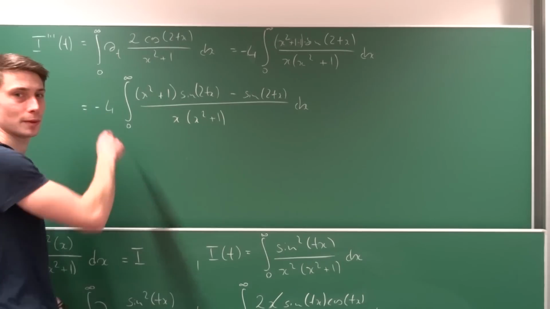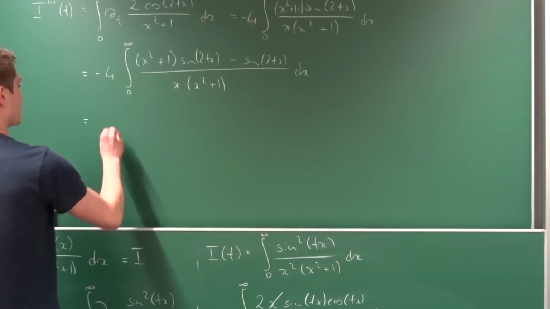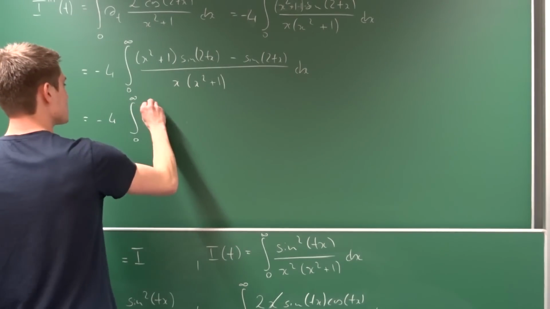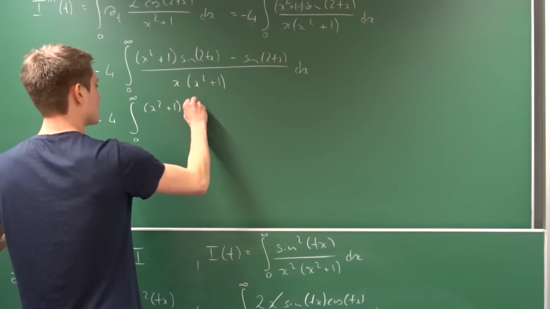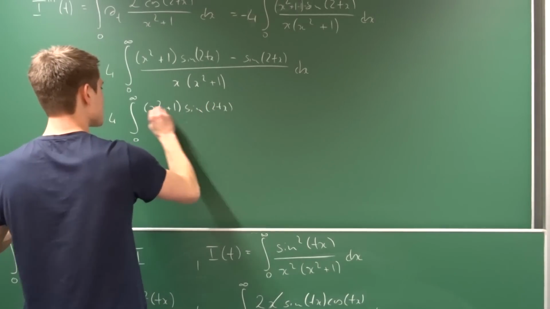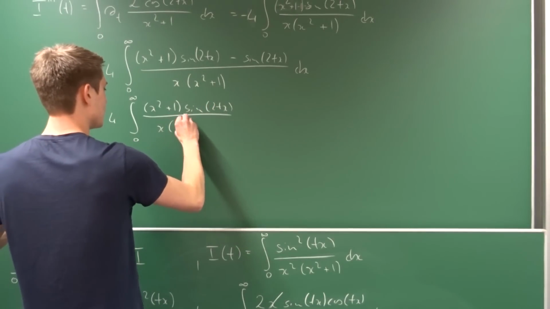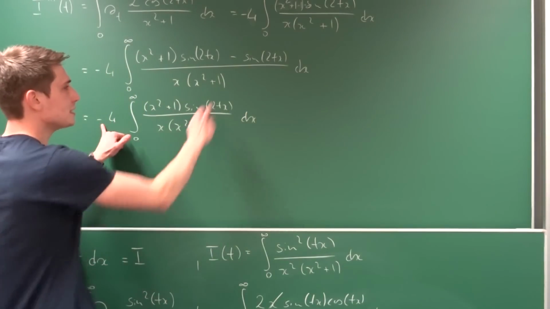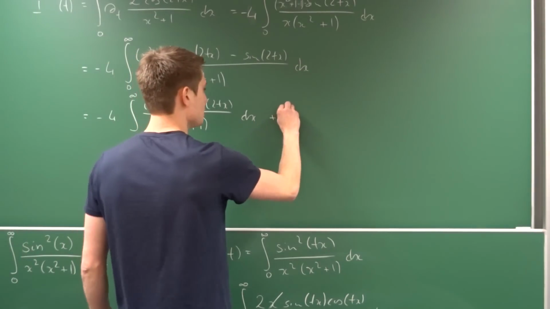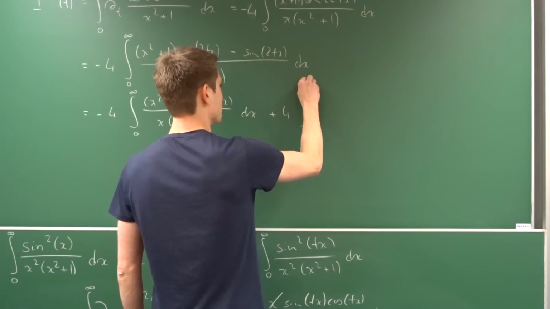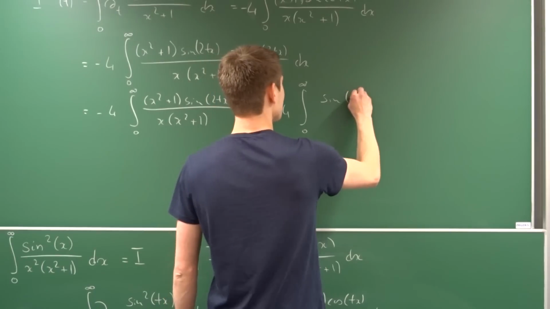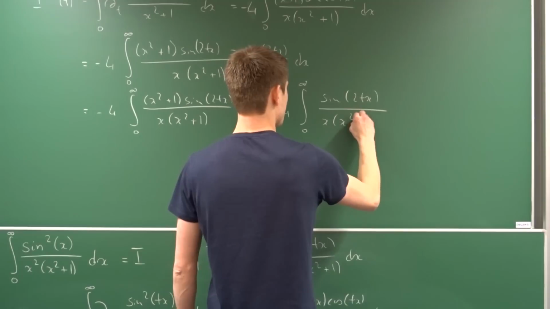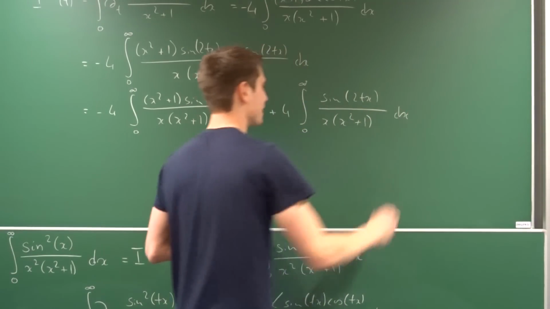Don't forget to distribute your minus 4 into everything. So right now we get minus 4 times the integral from 0 to infinity of x squared plus 1 times the sine of 2t times x over x times x squared plus 1 dx, that's the first one, and then minus, and minus 1 becomes positive, so positive 4 times the integral from 0 to infinity of sine 2t times x over x times x squared plus 1 dx.